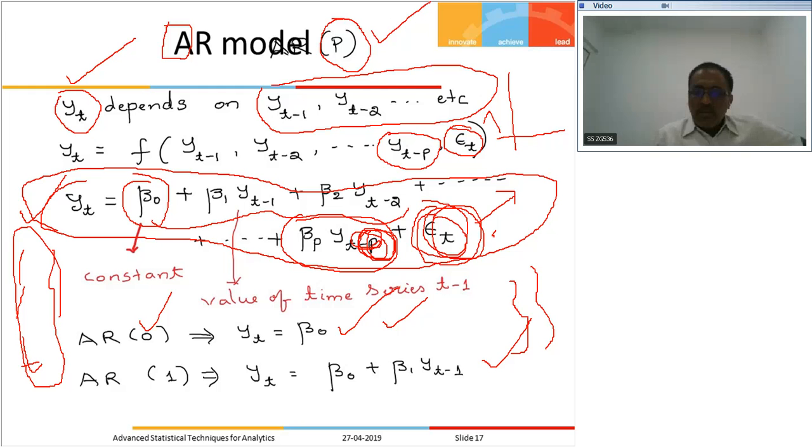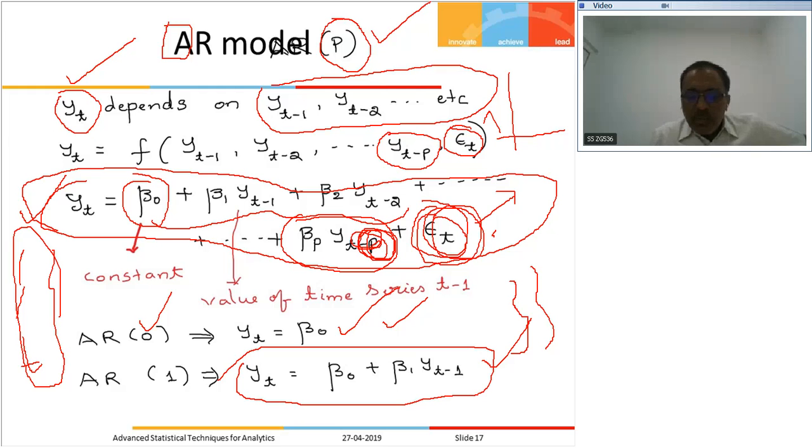Here, if we take this equation, it is not like y equals beta naught plus beta 1 x. In regression, we used to get a beta naught value as well as a beta 1 value, and we used to have an equation, right? Here, nothing like that equation. Here, y t minus 1 is the value at t minus 1.